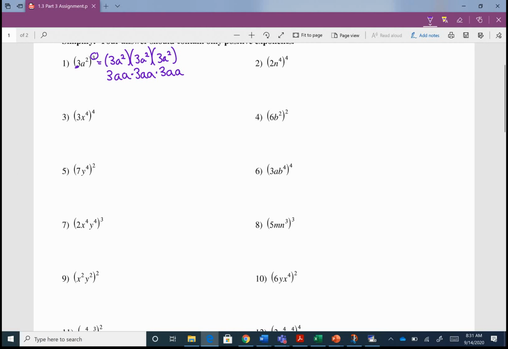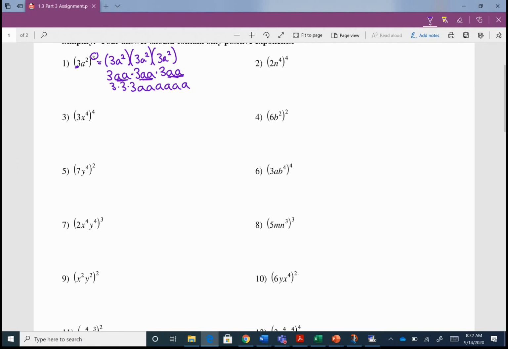So if I do a little bit of rearranging, let's put all the 3's together. 3 times 3 times 3. And then I have 6 a's. 1, 2, 3, 4, 5, 6. So we end up with, how many 3's do I have? 3 of them, right?